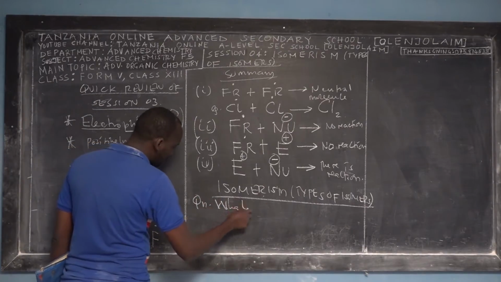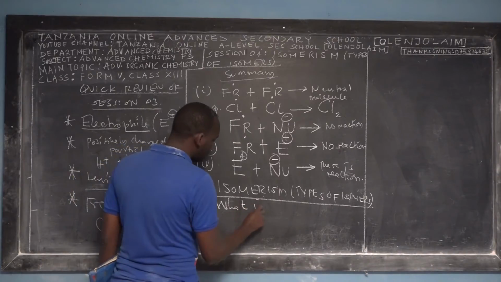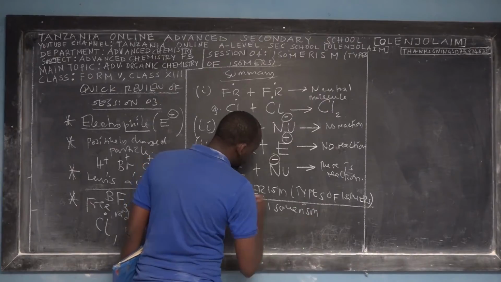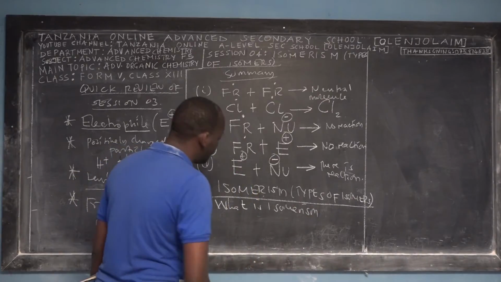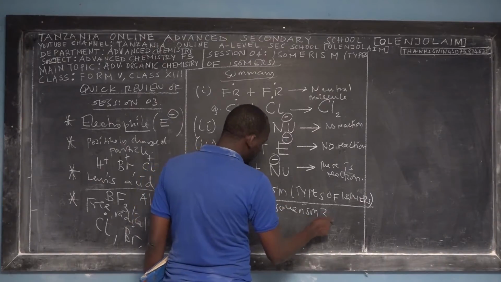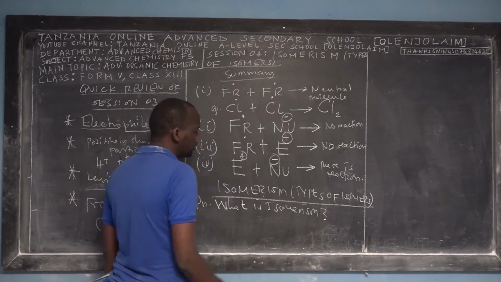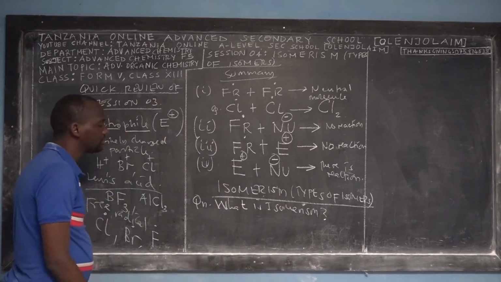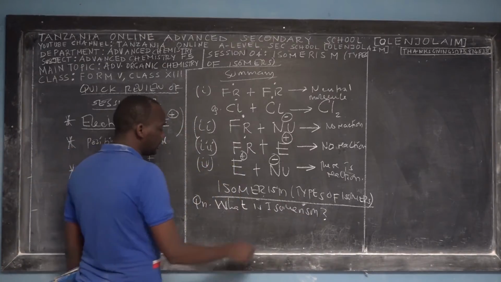First of all, let us understand the phenomenon. What is isomerism? In case you have any question about the previous lecture and even this lecture, you can ask in the comment section. What is isomerism? This is a new term you haven't heard during your O level.